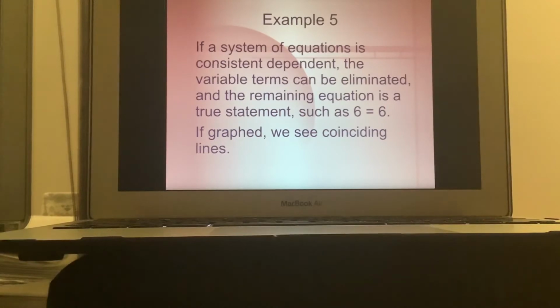When you graph that, we see coinciding lines. So this is your consistent dependent case, right in the middle of page 303 on that chart.